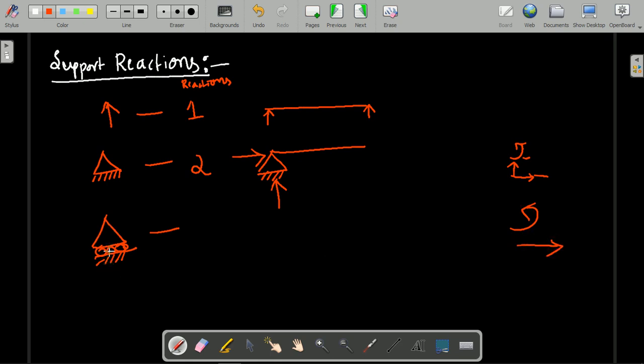Therefore for the roller support the restriction is only in the y direction, so the number of reactions for a roller support is 1. Suppose in a beam they have given the roller support notation like this, how many support reactions do you need to write? You need to write only one support reaction, that is the vertical support reaction.